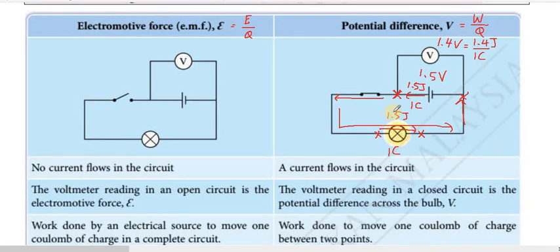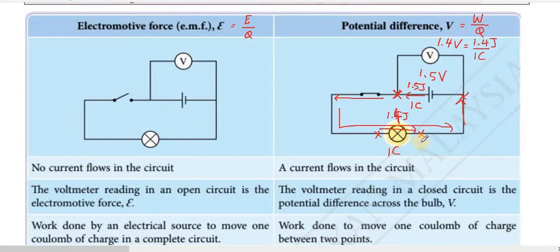So it means that this charge, when it wants to overcome the resistance inside this bulb, only does 1.4 joule of work.